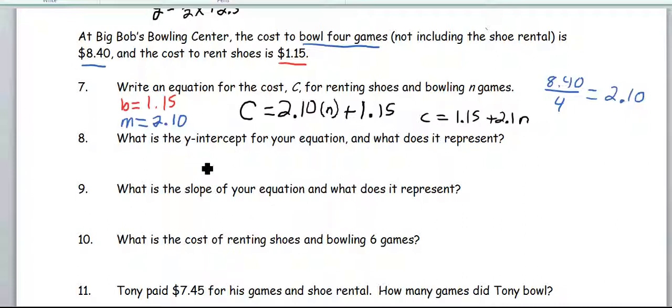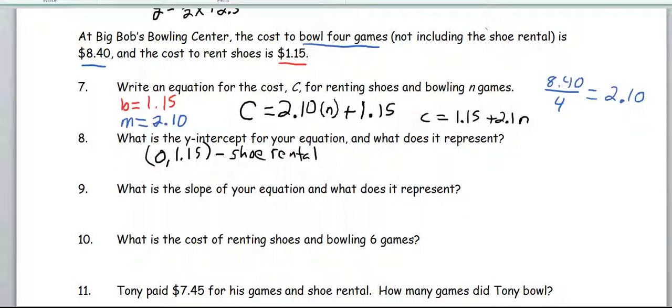All right, what is the y-intercept? Well, we already figured that up here. B, y-intercept. It's 0, 1.15. That is the coordinate, and it represents, well, what is $1.15? Well, that's shoe rental.